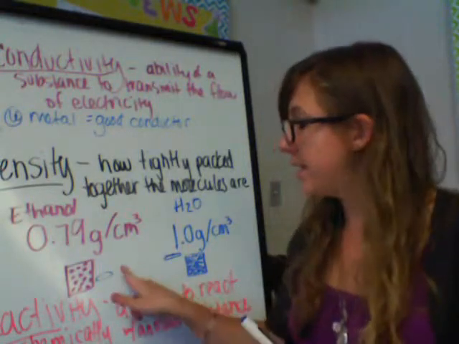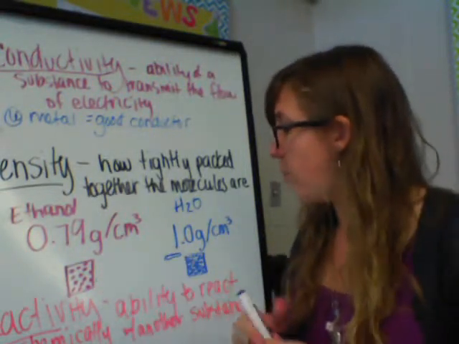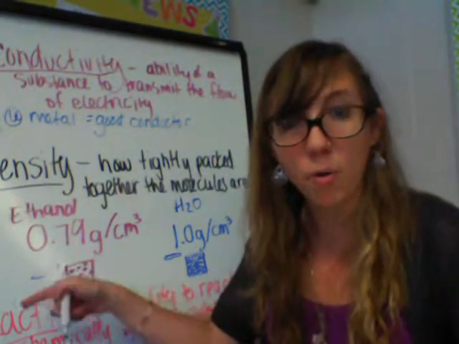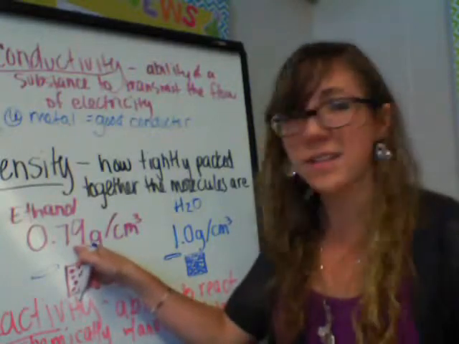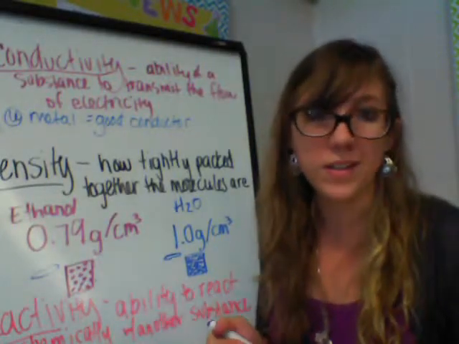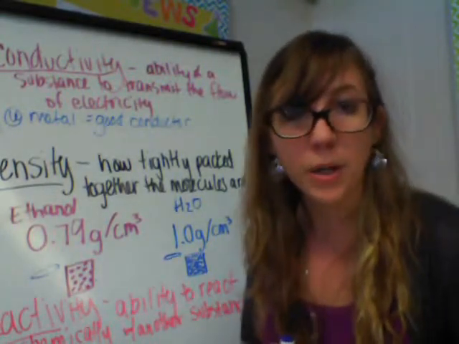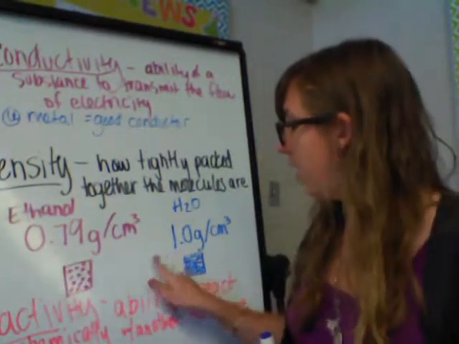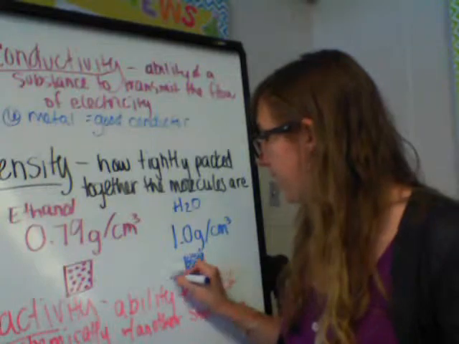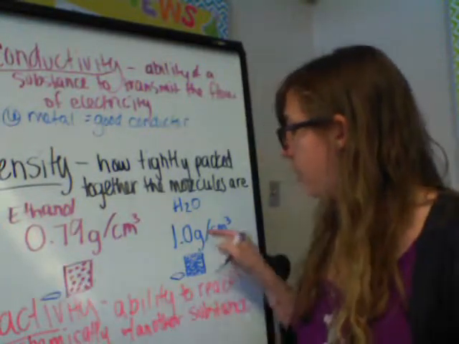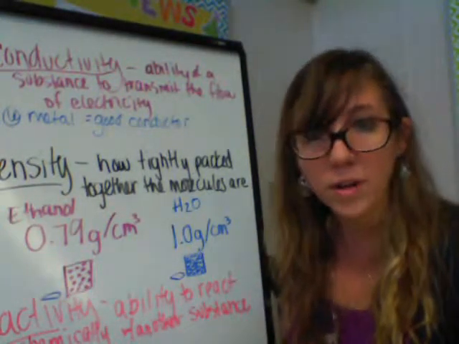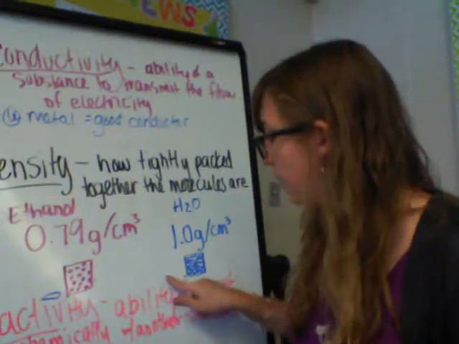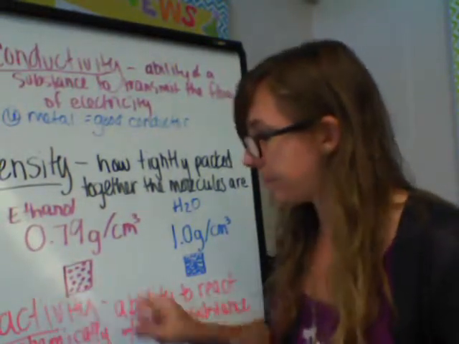But if it floats in water and floats in ethanol, that means it's less dense than both of them, which means that the density is even less than 0.79 grams per cubic centimeter. If it sinks in ethanol and sinks in water, then you know that the density is greater than 1 gram per cubic centimeter. So that's how you'll do the density test.